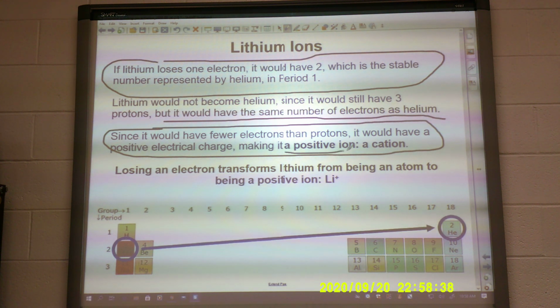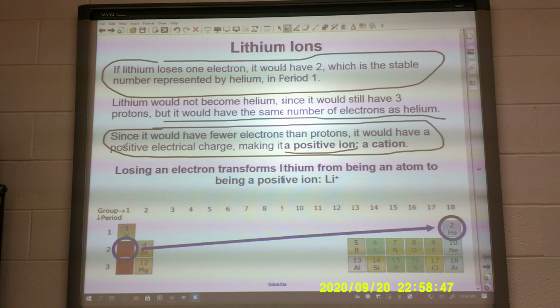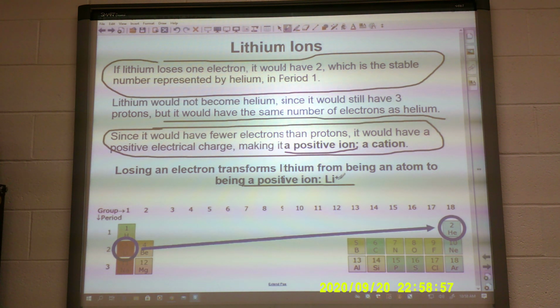So it is a positive ion. When you lose or gain electrons, you form ionic bonds. Losing an electron transforms lithium from being an atom to being a positive ion, Li+.